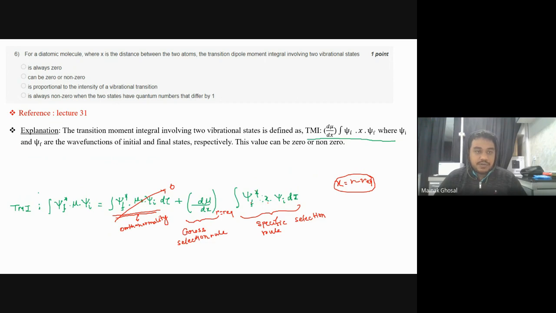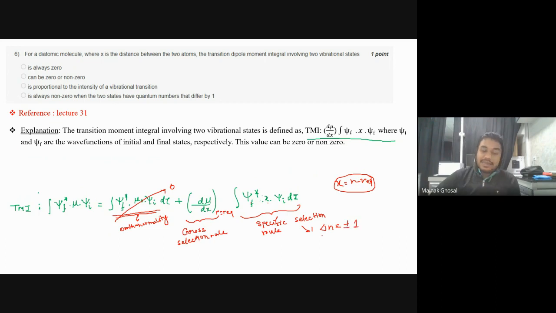It is proportional to the intensity of a vibrational transition. No, you cannot say that. Is it proportional to the intensity of a vibrational transition, and always non-zero when the two states have quantum numbers that differ by 1? This option may be confusing for some of you. The specific selection rule obtained is delta n equals plus or minus 1, or delta v equals plus or minus 1.